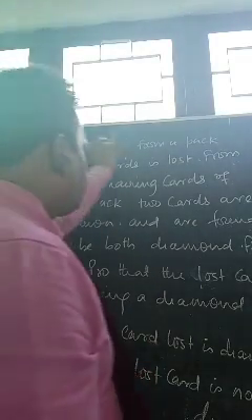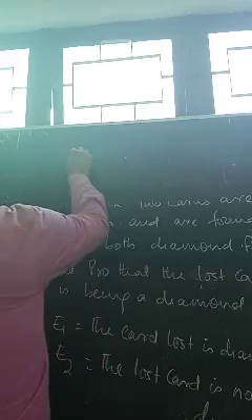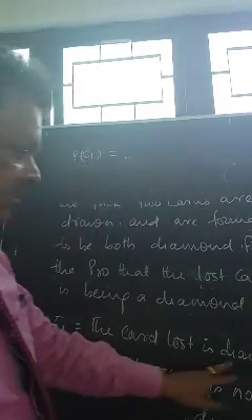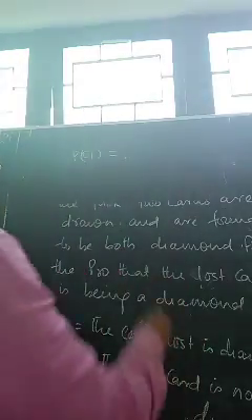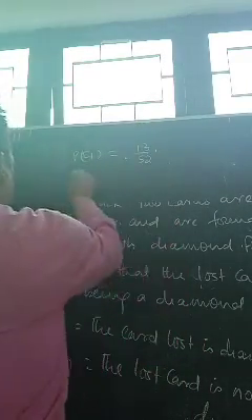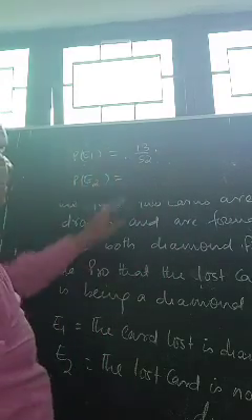Okay, then what will be the probability of E1? How many diamond cards do you find? 13. So 13 upon 52. Let's keep it like this. What is E2? 13 gone from 52.